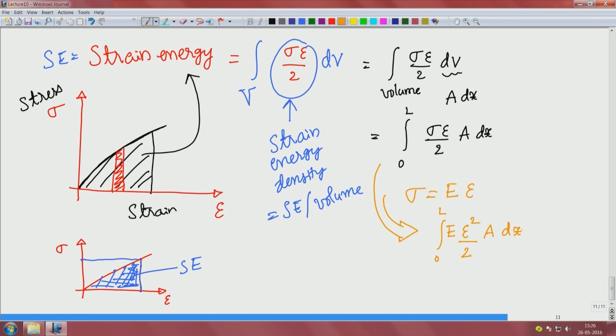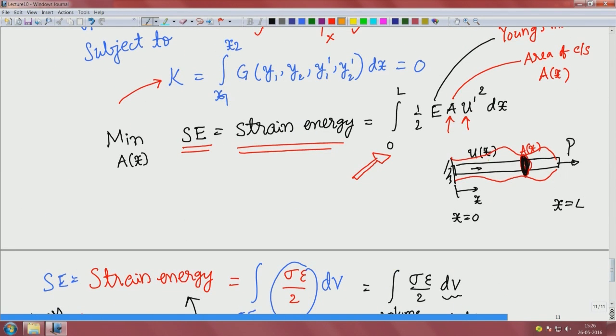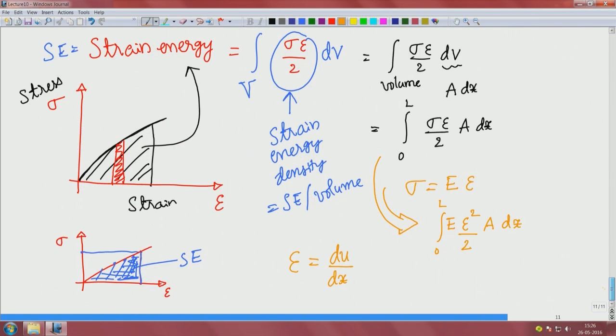So, what we have is half EA epsilon square. What is epsilon for a bar? Epsilon for a bar is change in length du by original length dx. That is, if I take any little dx over there, this is dx, that is going to deflect by an amount du, and that is how we write the small linear strain du by dx.